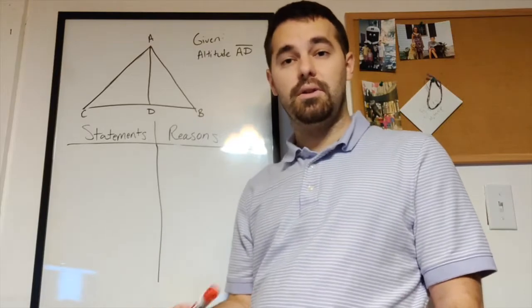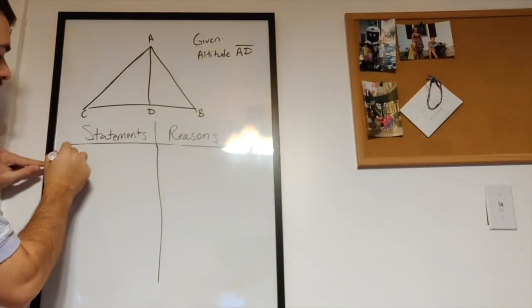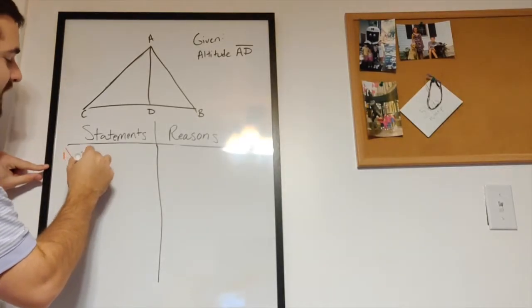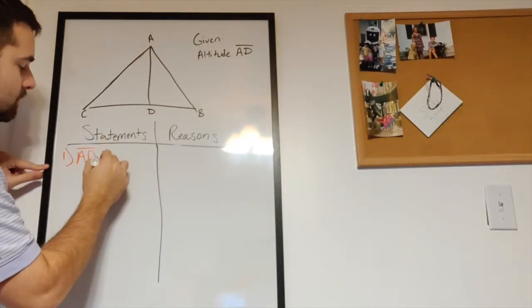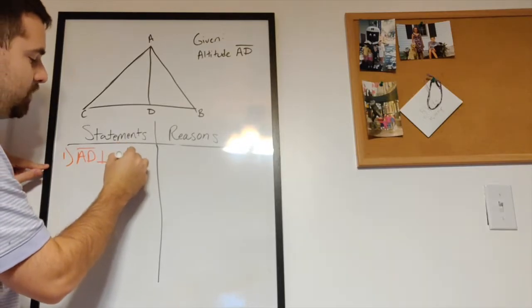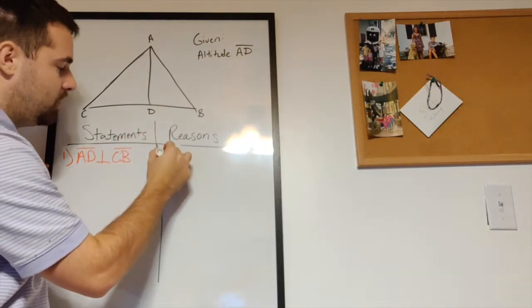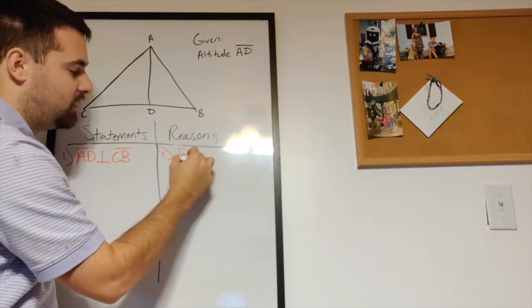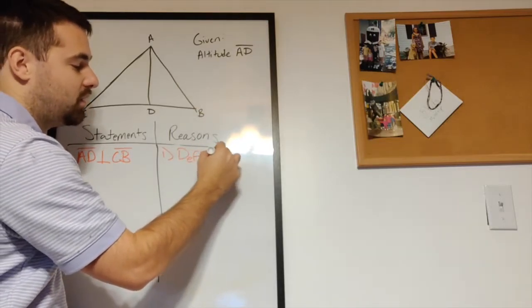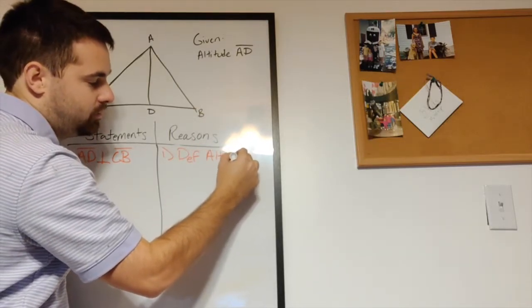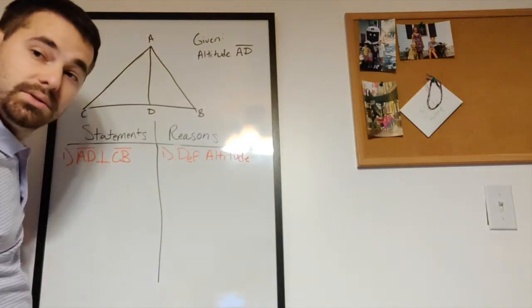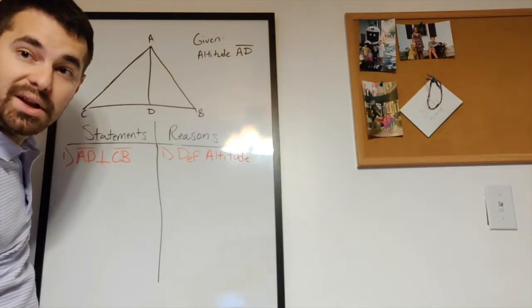Since they're perpendicular, let's say so in our proof. Step 1 says AD is perpendicular to CB. And that is because it is the definition of an altitude. Altitudes mean two lines are perpendicular.